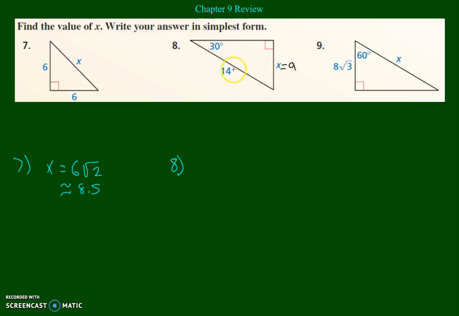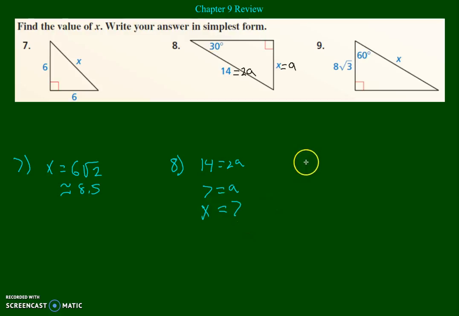The hypotenuse is 2A, and all we have to do now is determine what the value of A is. So if 14 equals 2A, divide by 2, 7 equals A. And since we know x equals A, x equals 7.